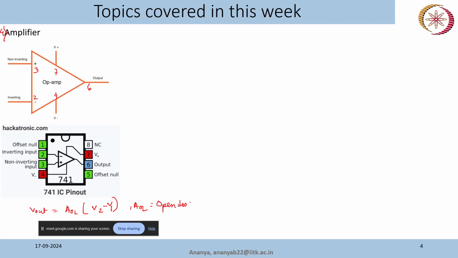Now in case of op-amp, open loop gain is very high, so we don't operate an op-amp using an open loop configuration. We use feedback, we give negative feedback so that we get a stable output.